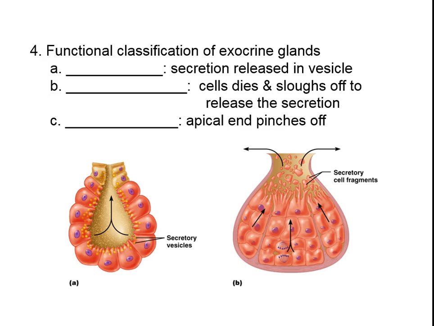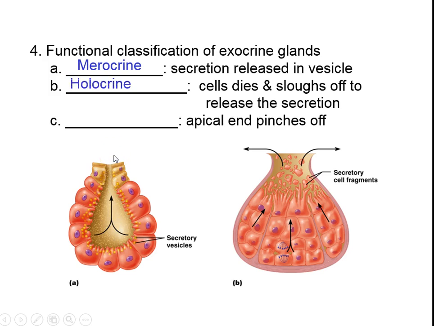You can have exocrine glands based on how they release their secretion. Merocrine exocrine glands are probably the most common type, and what happens is that the little secretory vesicle goes to the edge and releases its substance into a duct, and then that duct leads into another organ.